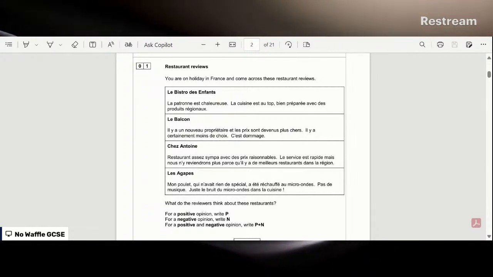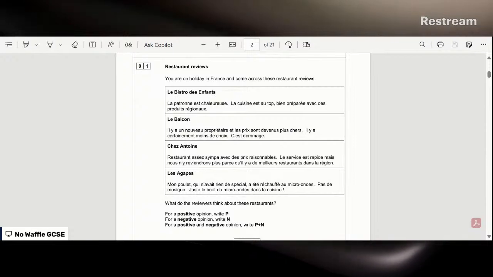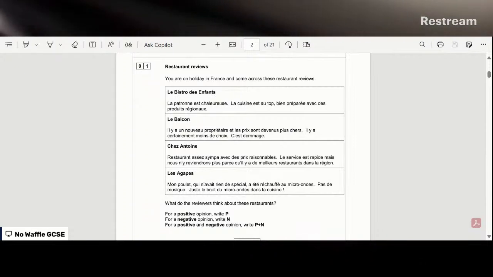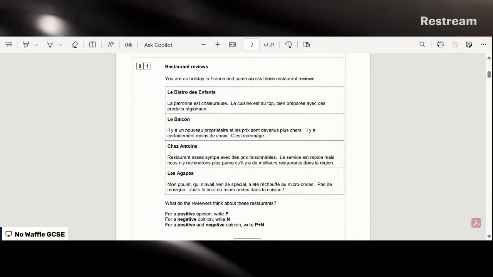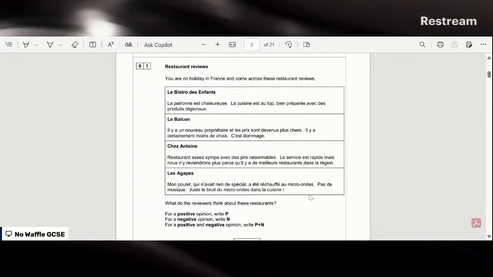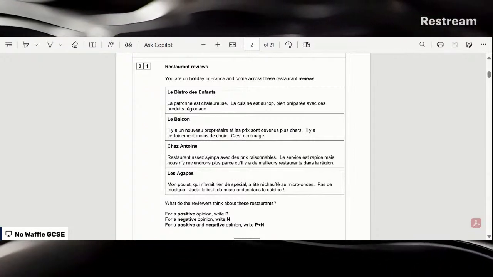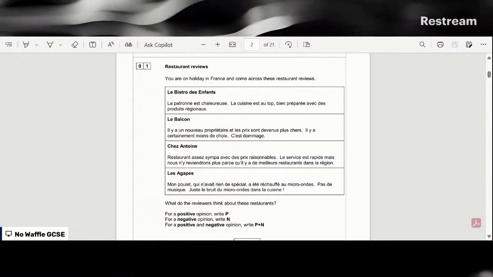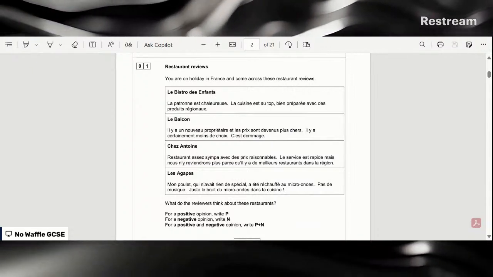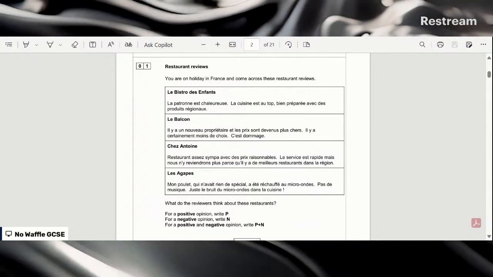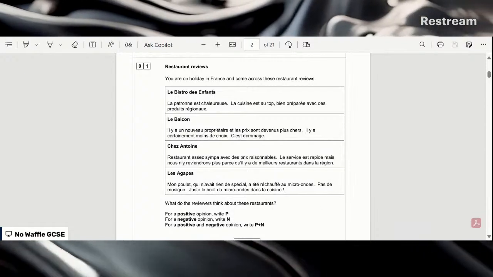And then the final one, mon poulet qui n'avait rien de spécial. So my chicken that had nothing special about it, negative. In the summer, réchauffé. So talking about how hot it was, au micro-ondes. So it was microwaved.